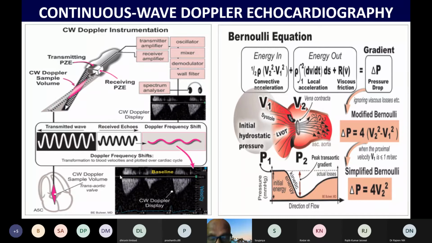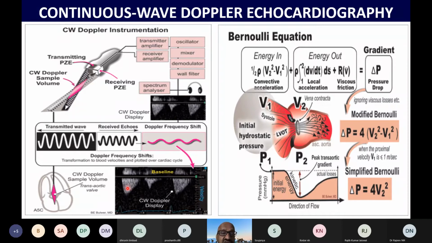Second, in pulse wave Doppler there is no range ambiguity, in the sense that you are measuring where it is occurring, but it cannot measure velocities greater than 2 meters per second. This is in contrast with continuous wave Doppler, where you can measure high velocities, but there is range ambiguity in the sense that you will not know where exactly the position of increased velocity is occurring.